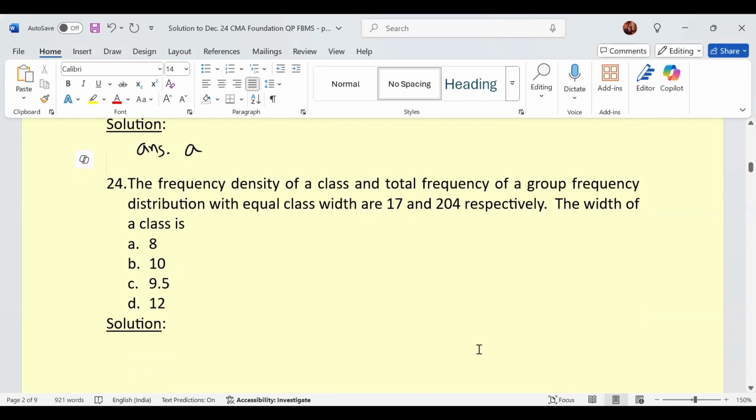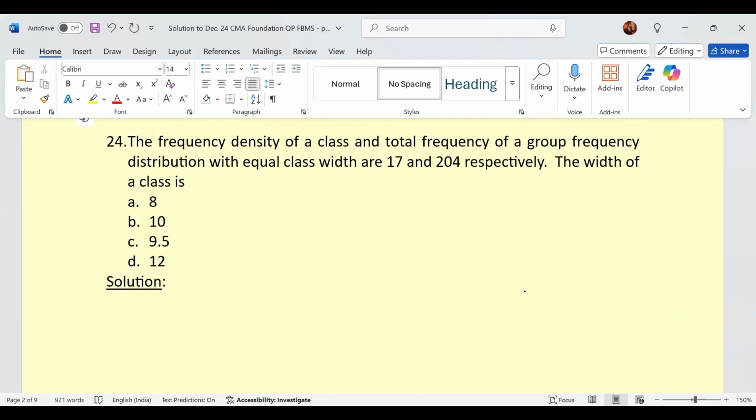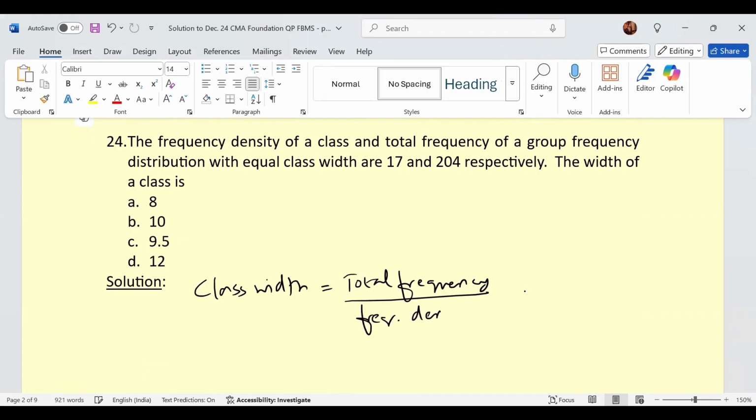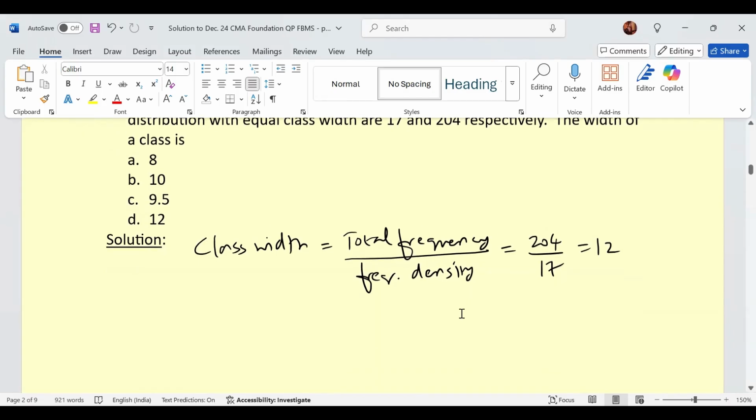Here we will use a formula: class width equals total frequency divided by frequency density. That will be 204 divided by 17, which is 12. So option D is the right option. Let us move on to the next question.